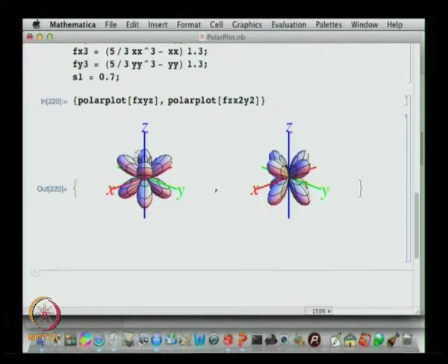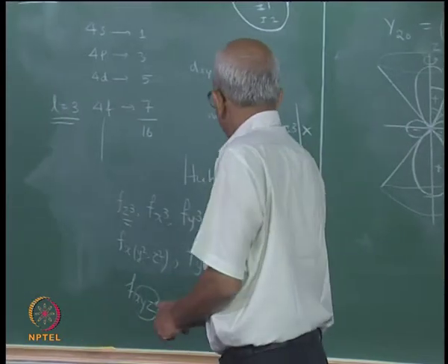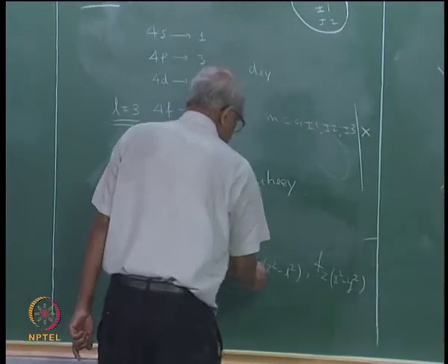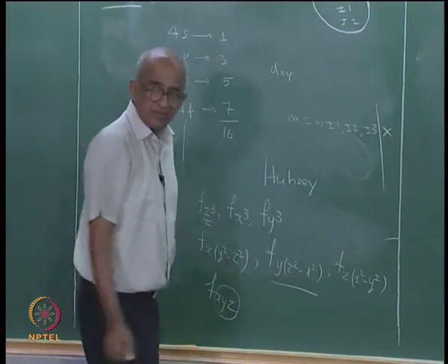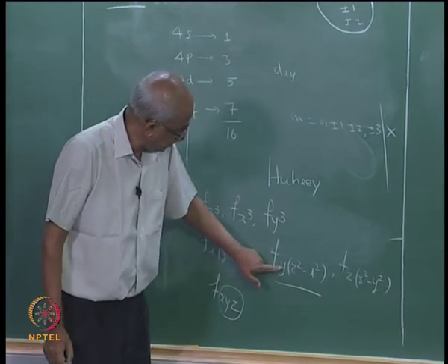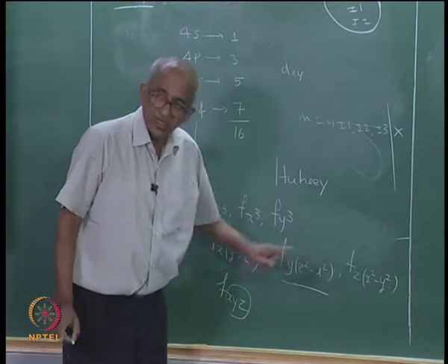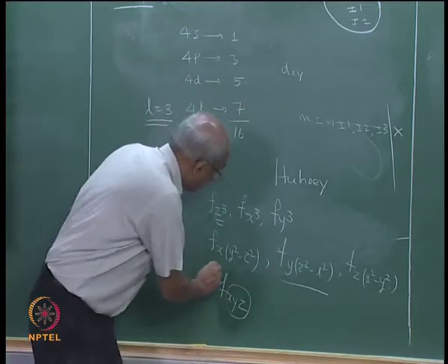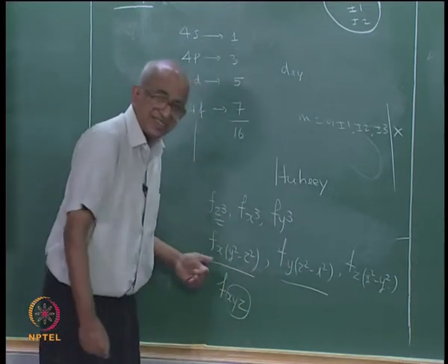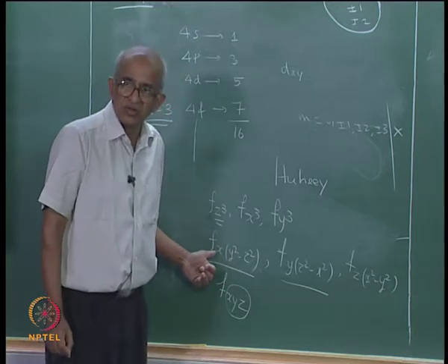Similarly, if you took this orbital and rotated it about the y axis by 45 degrees, you will get this orbital. If you rotated it about the x axis by 45 degrees, you are going to get this orbital.